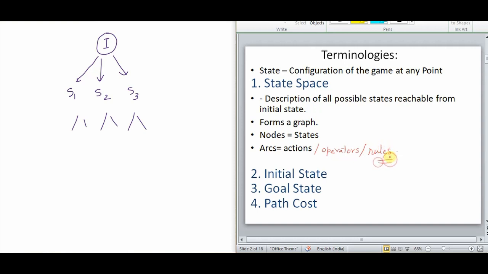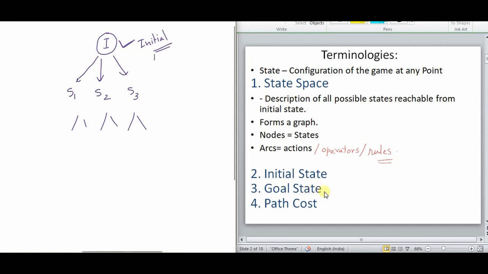Now initial state is nothing but the initial configuration of the game. So this will be the initial state. In our tic-tac-toe game we have seen the initial state is the one wherein the 3x3 board is empty, all the cells are blank. That's the initial state.